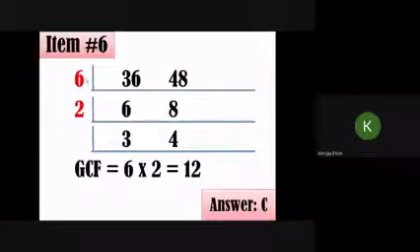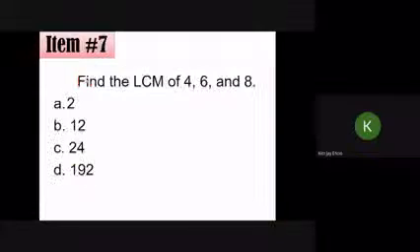Let's have number 7. Find the LCM of 4, 6, and 8. When we speak about LCM, that's your acronym for the least common multiple. Multiples are like your skip counting. For example, if you skip by 2's, that's 2, 4, 6, 8, 10, and so on.